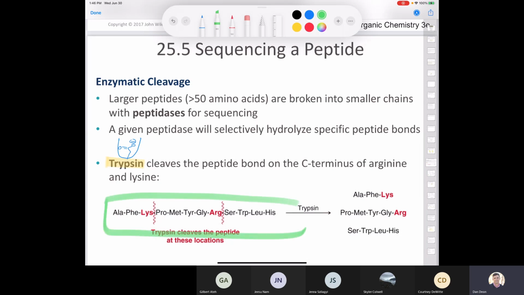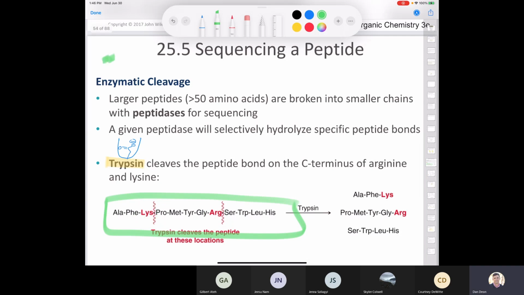Well, let's say you had this peptide right here, right? What do you see? 9, 10, 11, you've got 12 amino acid residues in this peptide. Well, if you were to treat this with trypsin, what it does is it cleaves the peptide bond on the C terminus of arginine and lysine. So we have a lysine here and we have an arginine here. So it's going to cleave the peptide bond on the C terminus side.